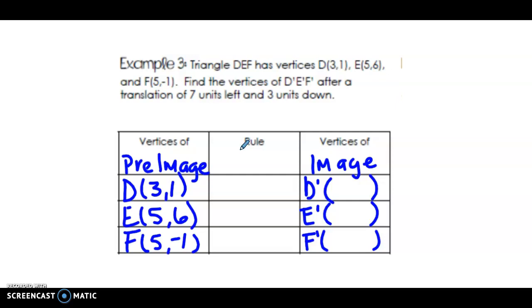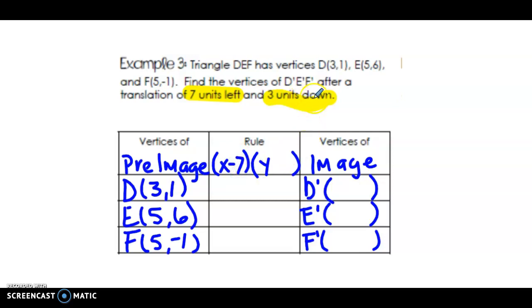So we know that the image is going to need to be moved 7 units left, 3 units down. And on the prior page, we talked about what that meant. So we're going to set up what we know now is the rule. So left and right are our X's, and up and down are movements on the Y. So if it's going to go left, we said that that is going to be a negative, so it's going to go -7.